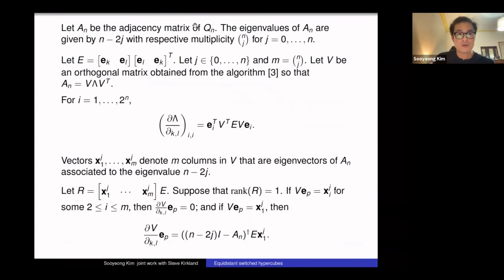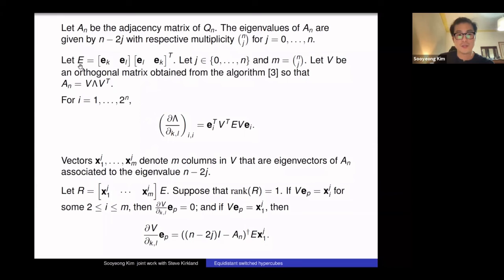Here our objective is the hypercube. Let me define A sub n as the adjacency matrix. It is well known that the eigenvalues of this matrix are given by n minus 2j, each with multiplicity n choose j.